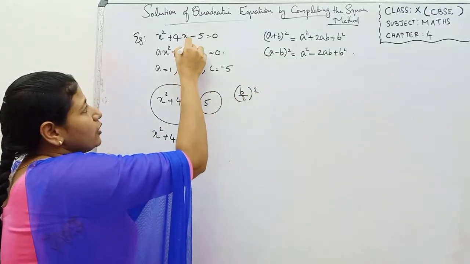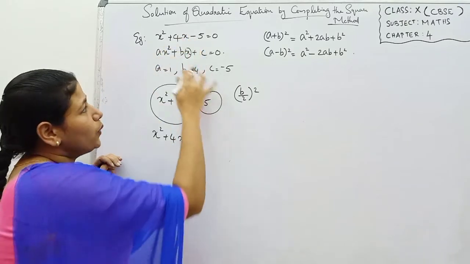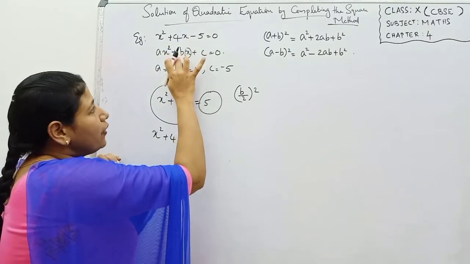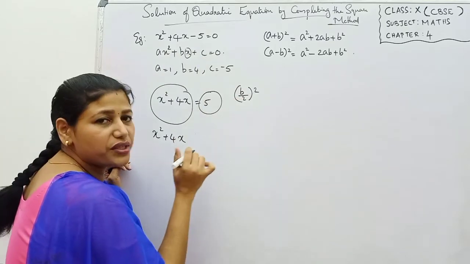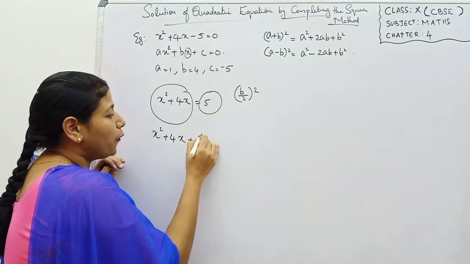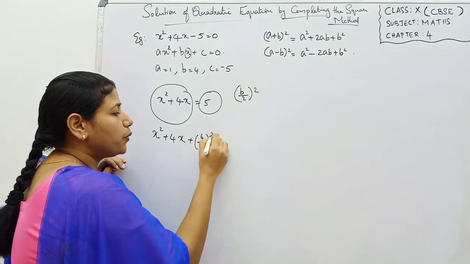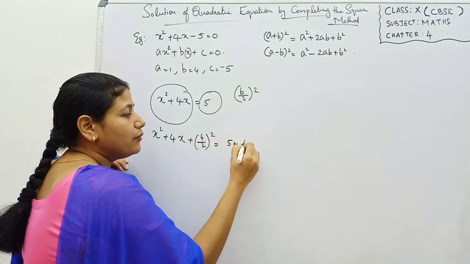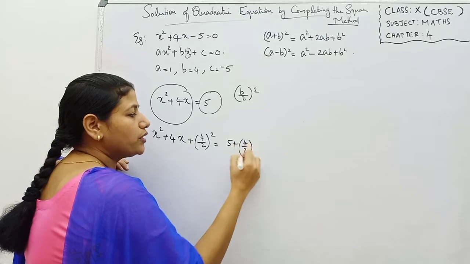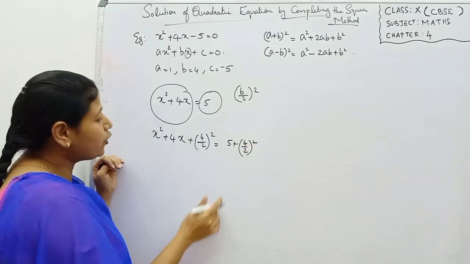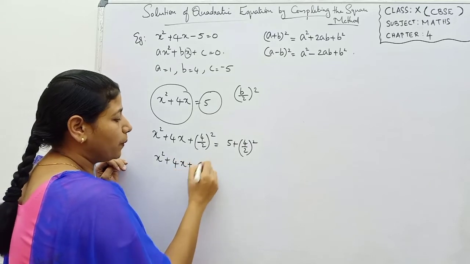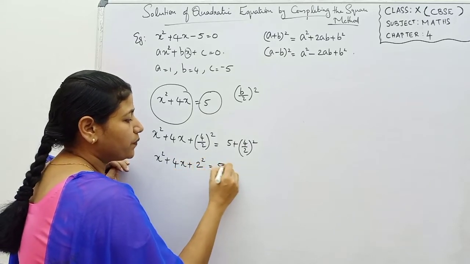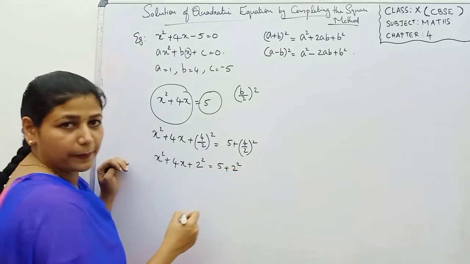The coefficient of x is b, so we find half of b, that is b by 2, take the square and add it on both sides. So we get 4 by 2 whole square on both sides. Then you get x square plus 4x plus 4 by 2, which is 2, 2 square equal to 5 plus 2 square.